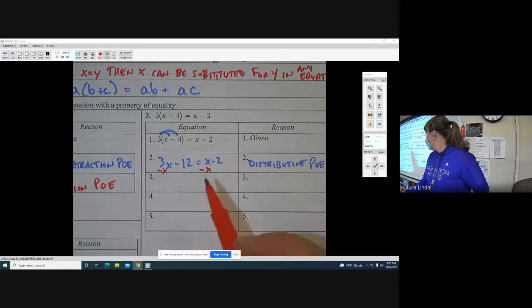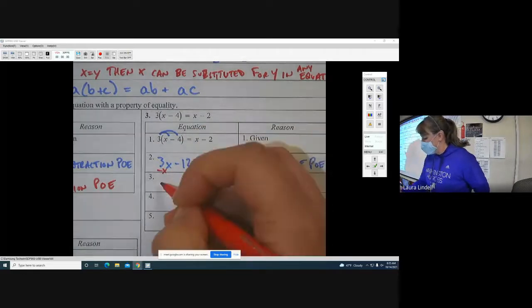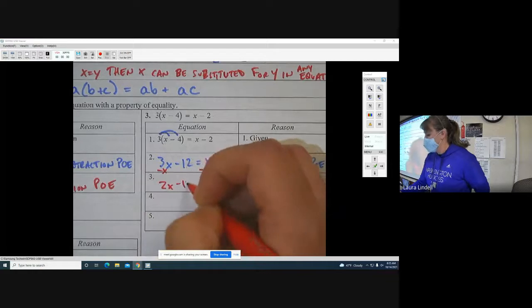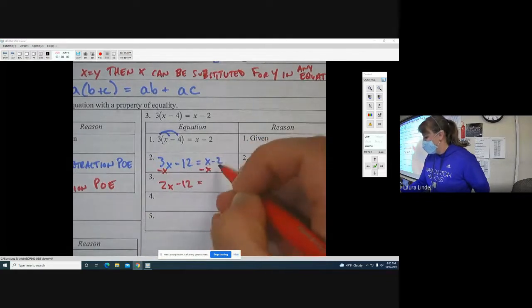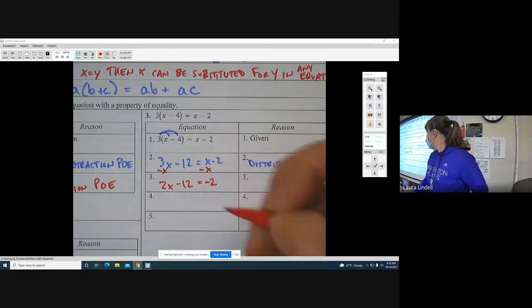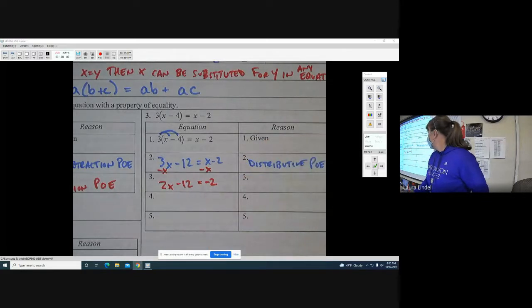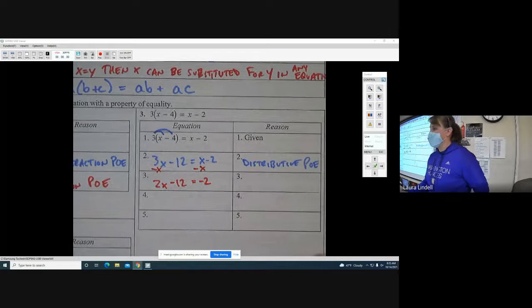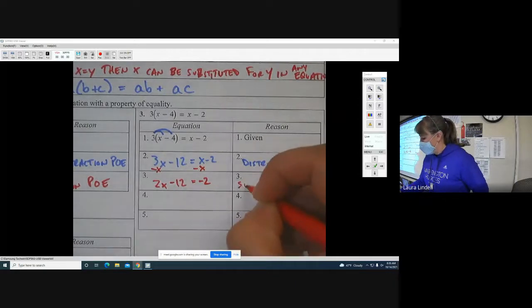So if I subtract x on both sides, we get 2x minus 12. And don't forget that this is still a negative 2. Don't forget to bring down the negative with it. And since we subtracted x from both sides, that is the subtraction property.